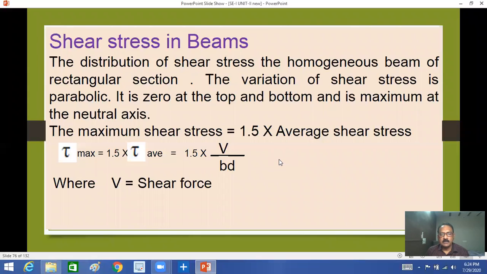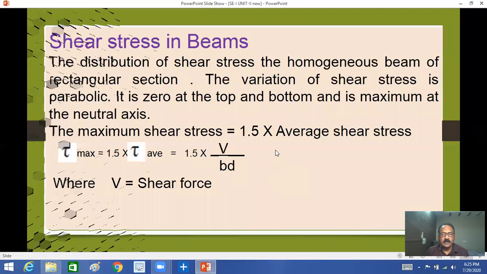The maximum shear stress is 1.5 times the average shear stress, that is Vu by bd, where tau max is equal to 1.5 tau average, equal to 1.5 V by bd. This is the formula we have to use to calculate it, only for a concrete section without reinforcement. I will show you the figure.